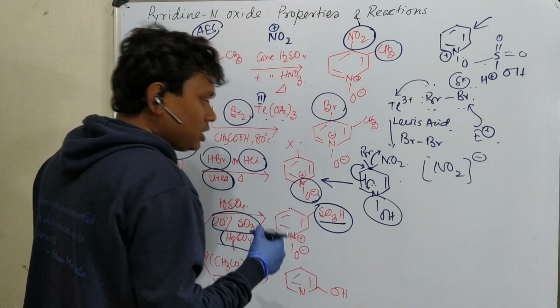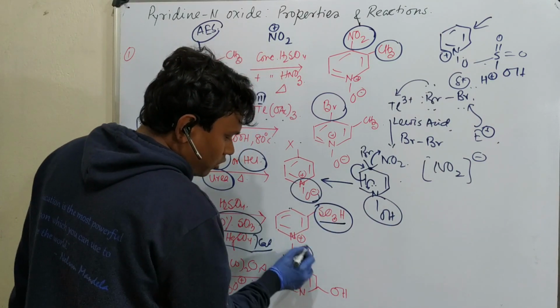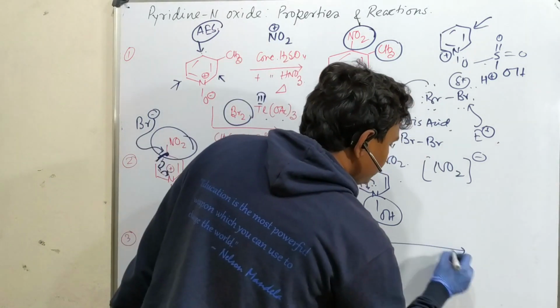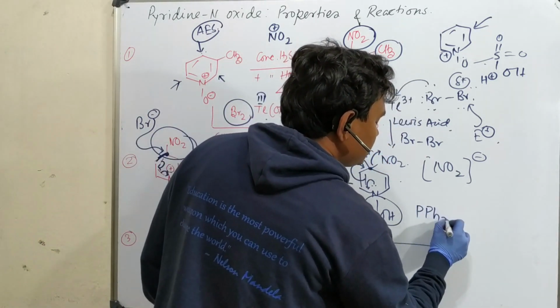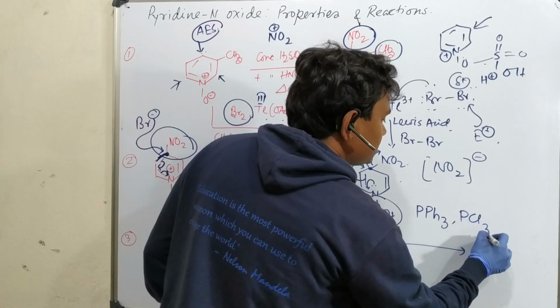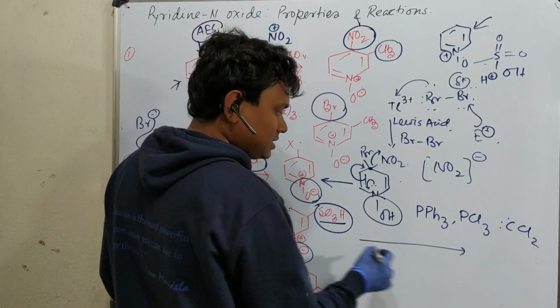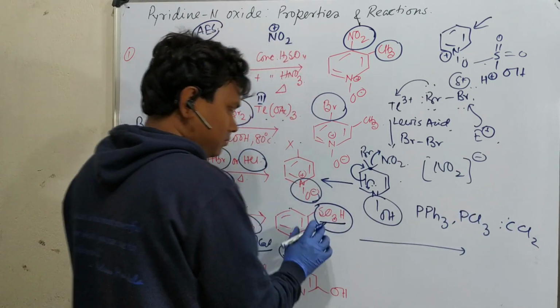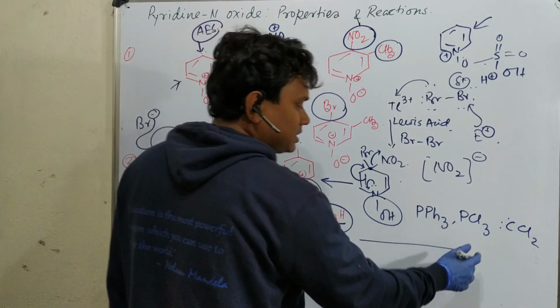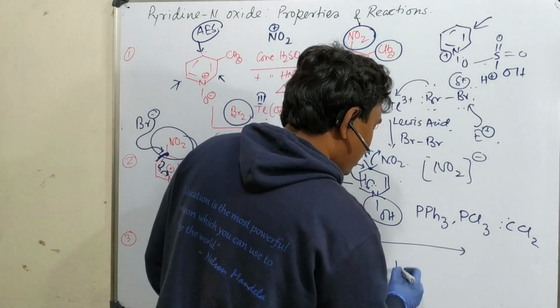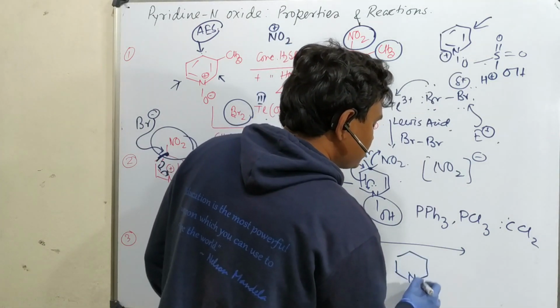Okay. So if you use some removal reagent for this, like PPh3, PCl3 or CCl2, this is a carbene. What happens? This oxygen is removed. Anything, I mean, I'm not telling exactly for this. This is a removal reagent. Depending on the situation, you have to use it. So ultimately, you can get the substituted derivative.